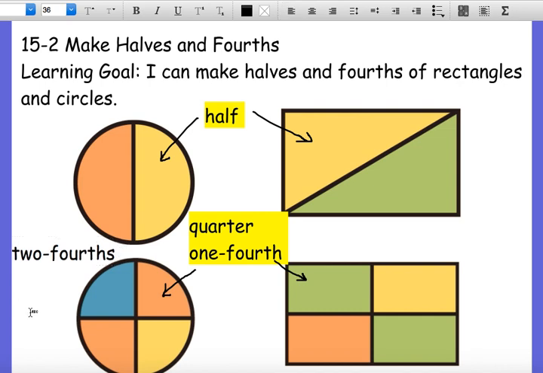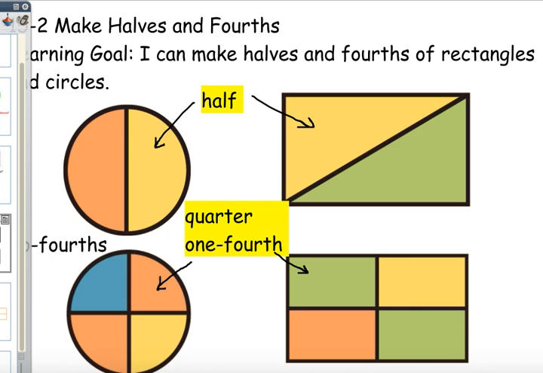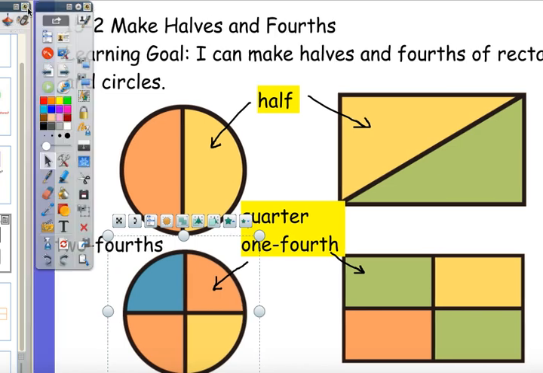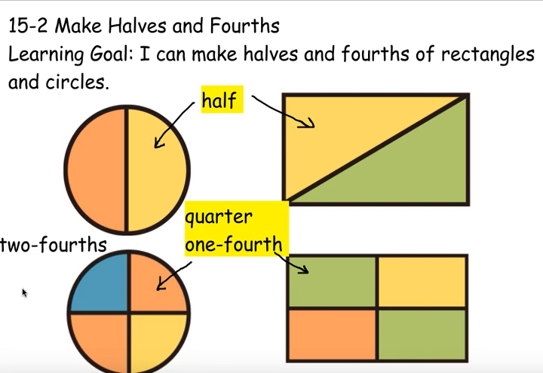You noticed that when I change from 1/4 to 2/4, I add an s after the word fourth because there are two parts now.